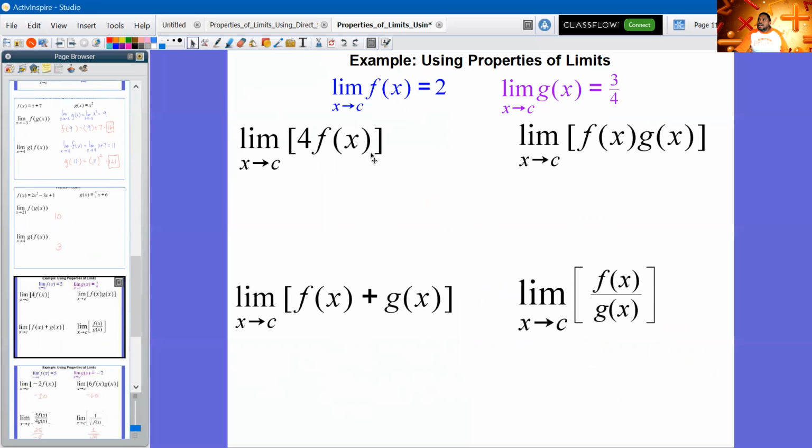Okay, the last part of evaluating limits using direct substitution is using the properties of limits. Okay, so here you see on the screen there's two limits. One is in blue and the other one's in a light purple. And what you're asked to do is to evaluate each of these limits.